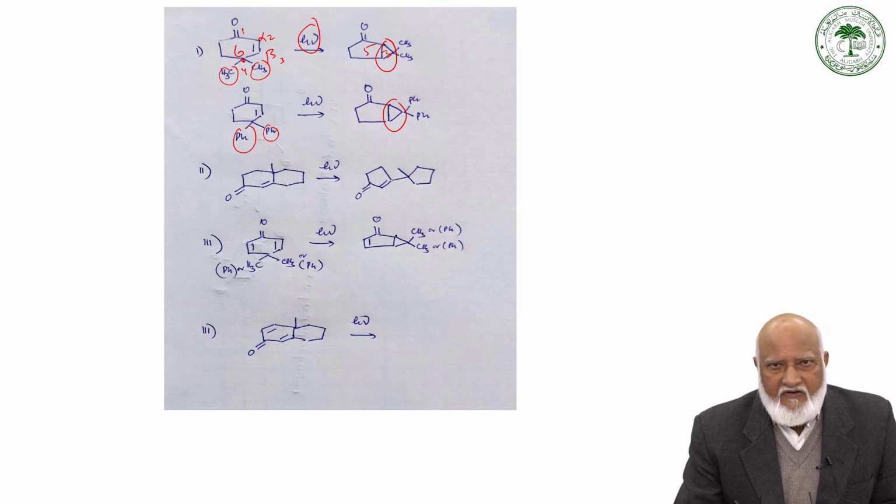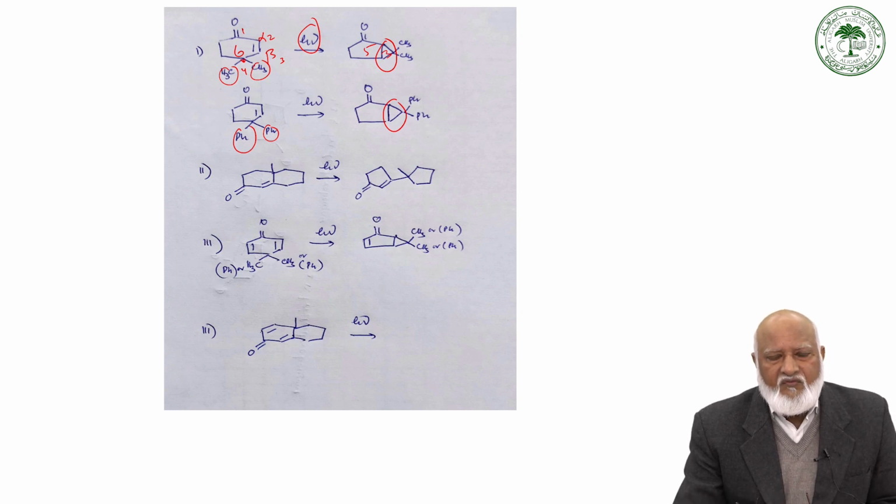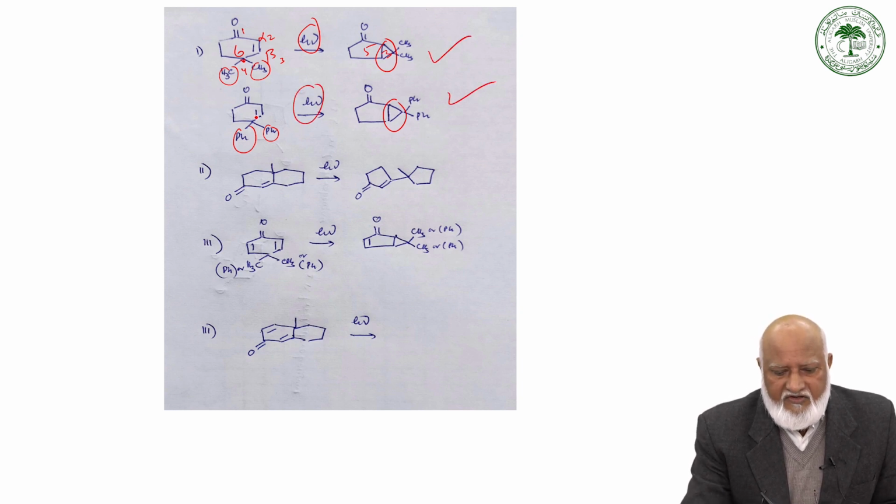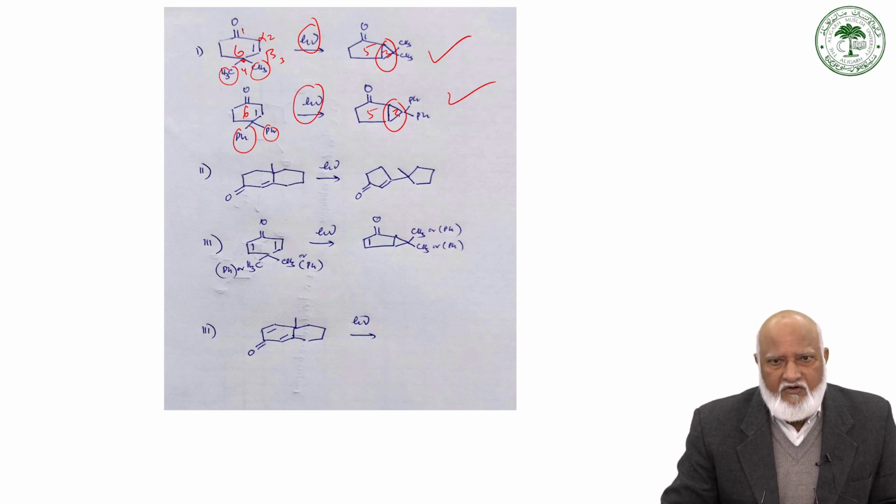But through this photorearrangement, 4,4-dialkyl or 4,4-diaryl cyclohexenone under photolytic condition rearranges to give this bicyclic system, a 6-membered ring converted to a 5 and 3 ring system. We have already discussed in detail in the previous lecture the mechanistic aspects and steps involved in the formation of these phototransformations.